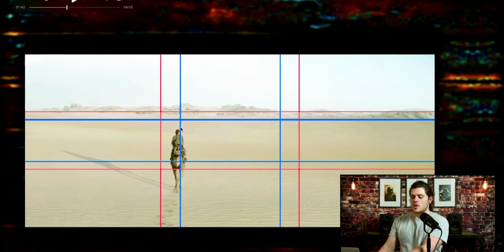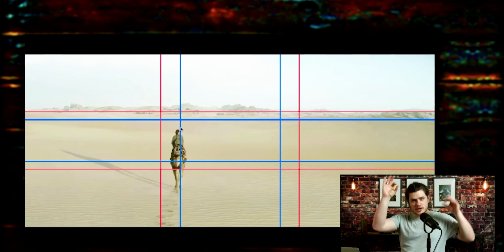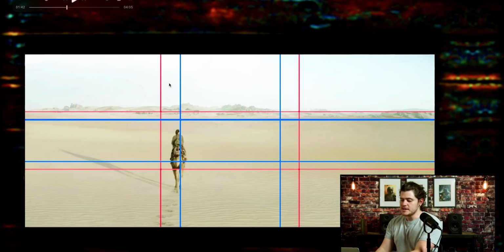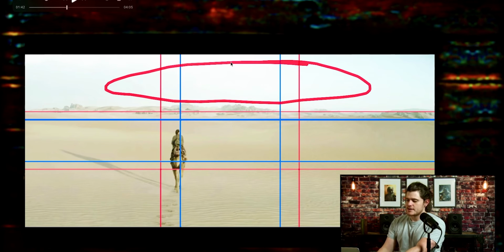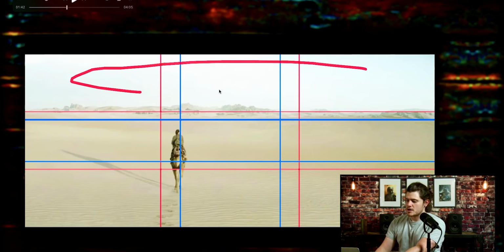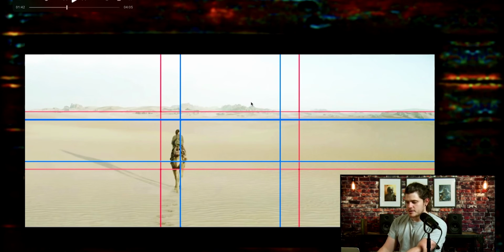But the cool thing when it comes to thirds or the golden ratio is you could put people on a line, you can put people on an intersecting point, or you can even block things off. Like, as you can see, the sky all up here is blocked off as kind of this upper third area, right?